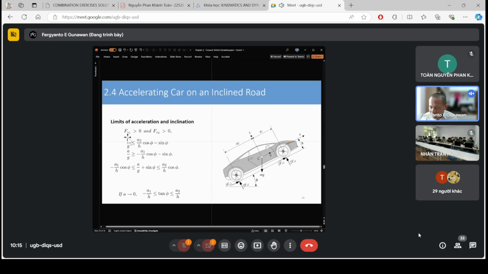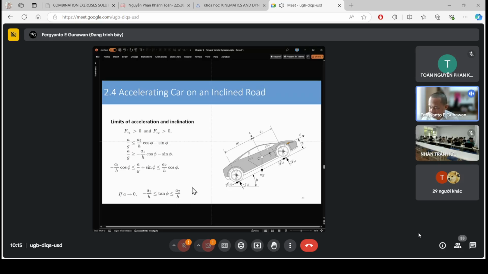With those conditions, we can say that the acceleration should be less than this, and should be greater than this. So the acceleration should be within these margins.